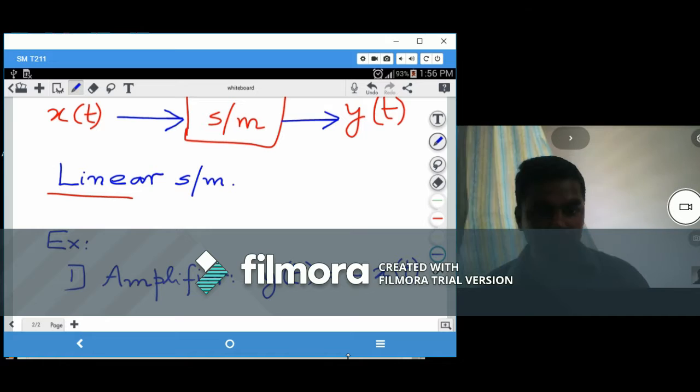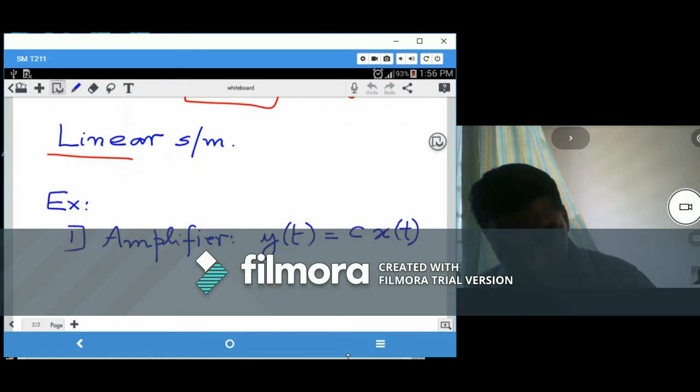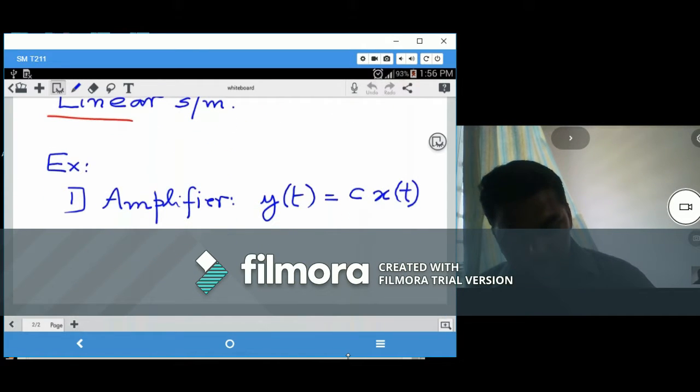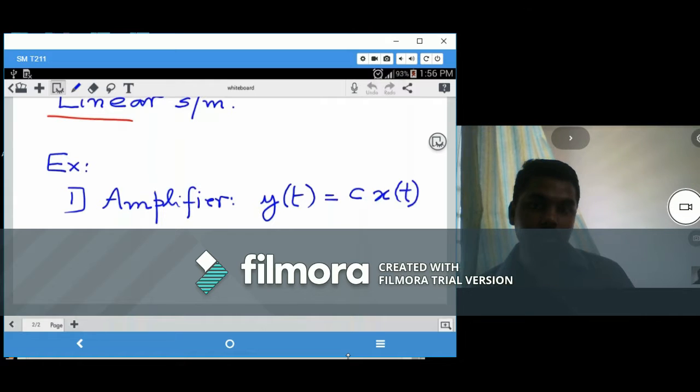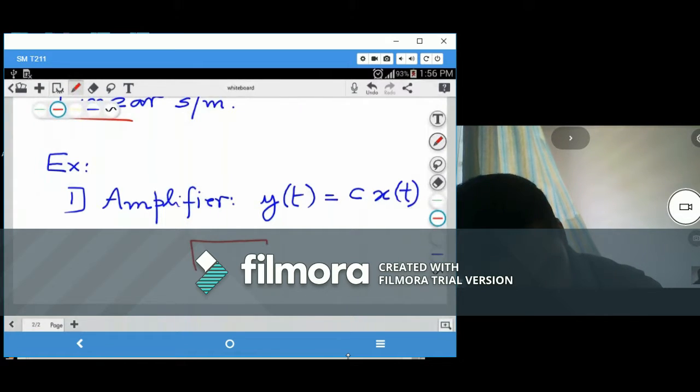The direct system, its output y of t is some scaled version of the input x of t. Now, we have to check if the system satisfies the linearity definition. The definition of linearity can be represented in the form of the block diagram itself. So let us take the block diagram once again and explain the definition.